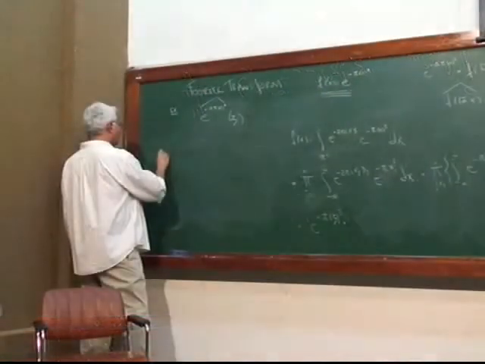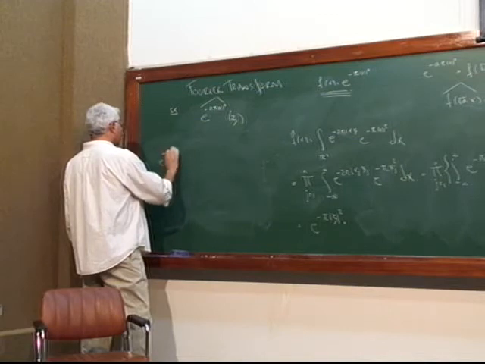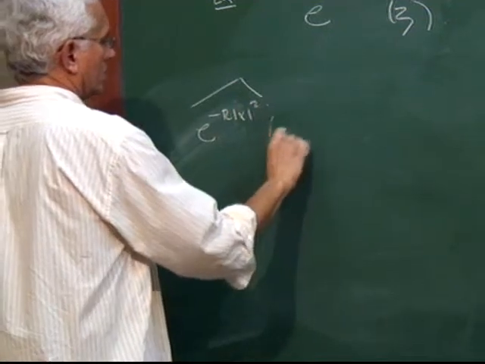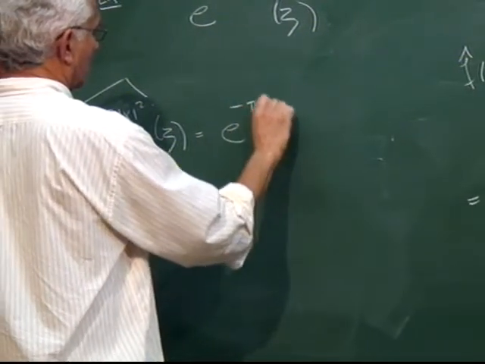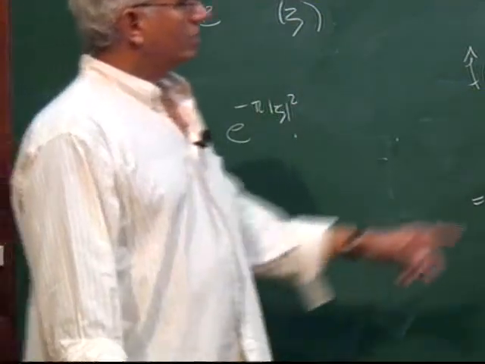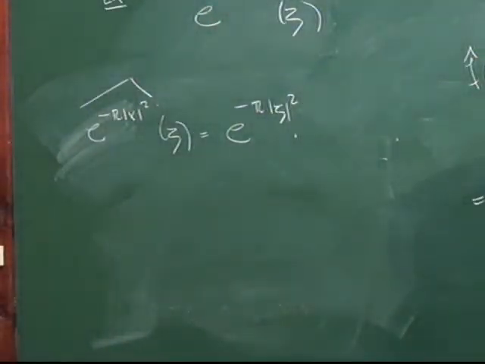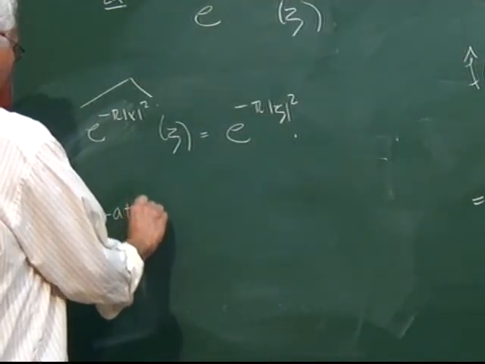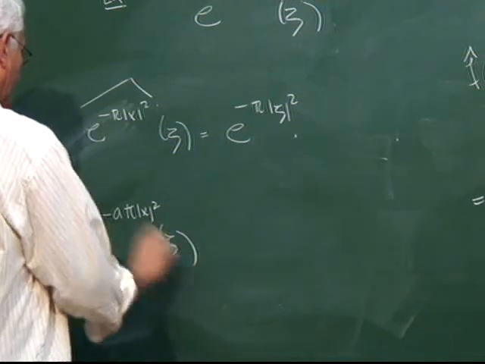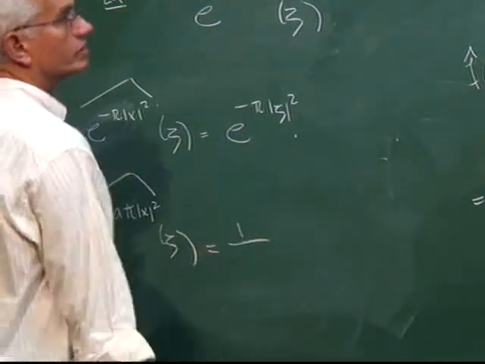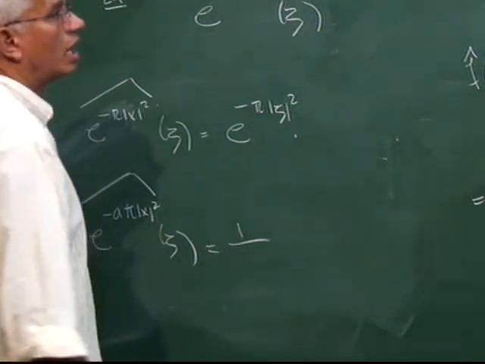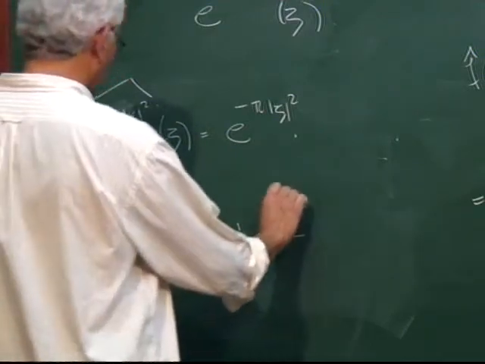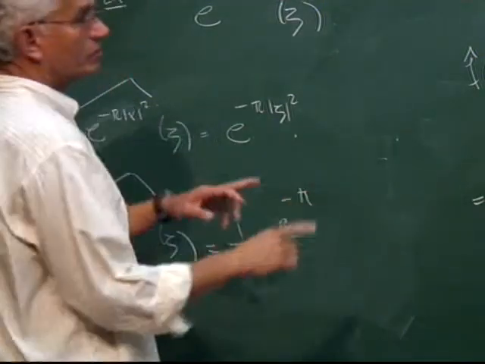that the Fourier transform of this quantity is itself. But if you go here, you have proved that the Fourier transform of this quantity is 1 over a to the power n half e to the minus pi, and then you have this.